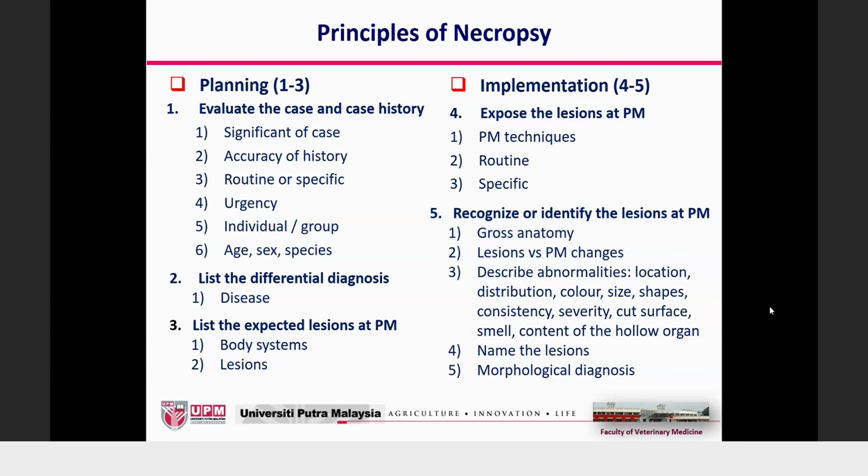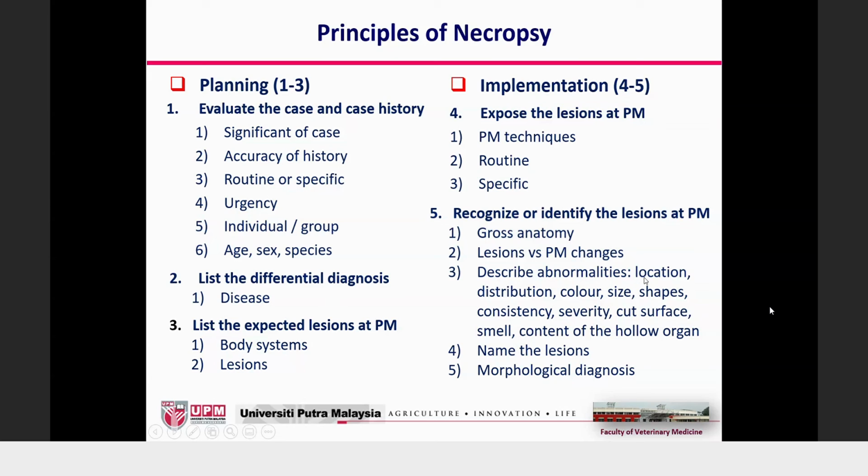After exposure, you must be able to recognize and identify the lesion based on gross anatomy, meaning that you're good in your gross anatomy of those 10 body systems. And as mentioned earlier, you must be able to establish lesion versus postmortem change or agonal change. And this is a guideline for you when you describe a lesion or anomalies.